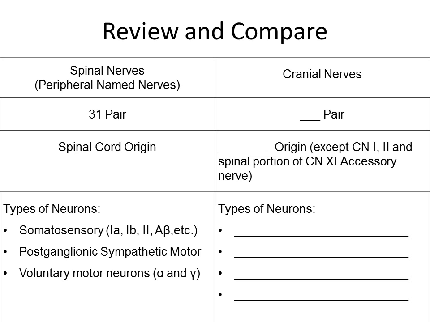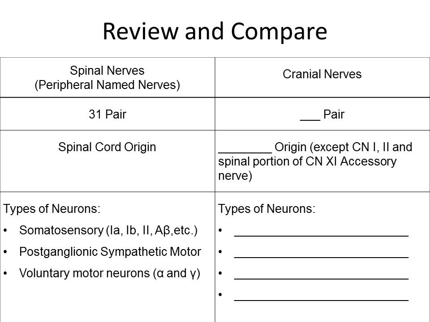So how many spinal nerves do we have? We have 31 pair total of spinal nerves, nerves that originate in the spinal cord. See if you can fill in the blanks on the right-hand column for the cranial nerves. How many pair of cranial nerves do we have? And where do the cranial nerves originate? Notice there are 3 exceptions.